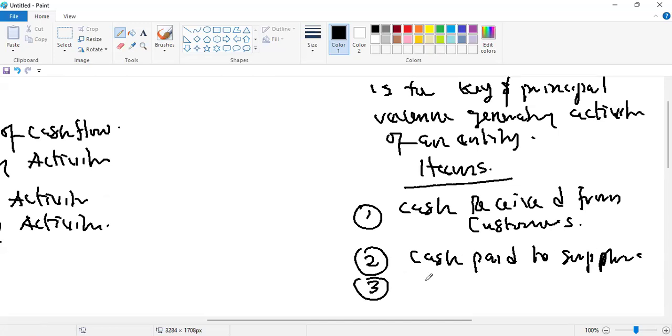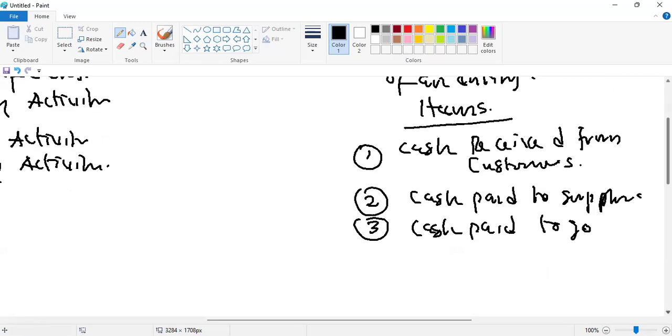Three, cash paid to government in form of tax.